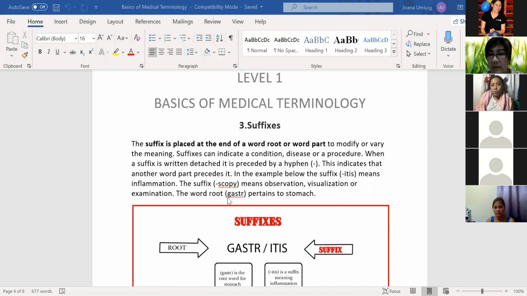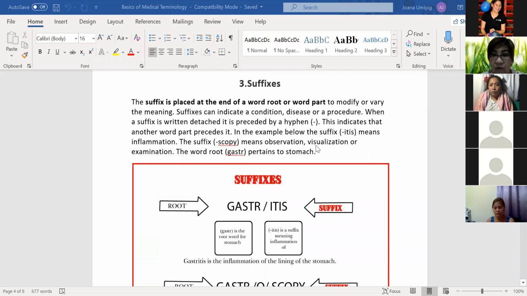Itis means inflammation. So lahat ng maririnig nyo na itis, merong inflammation. Yung may pamamaga, merong pamumula, yun ay inflammation. Okay? So like for example, in the example below, the suffix itis means inflammation. And the suffix escopy means observation, visualization, or examination. The word root gastro pertains to stomach.